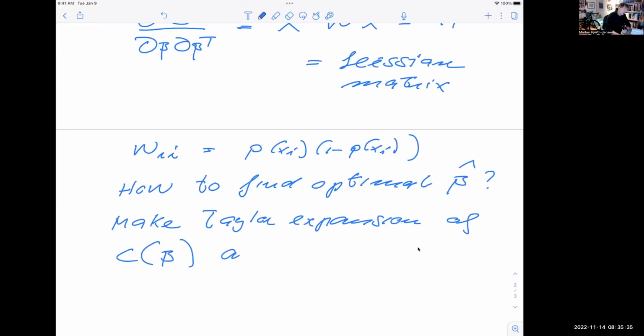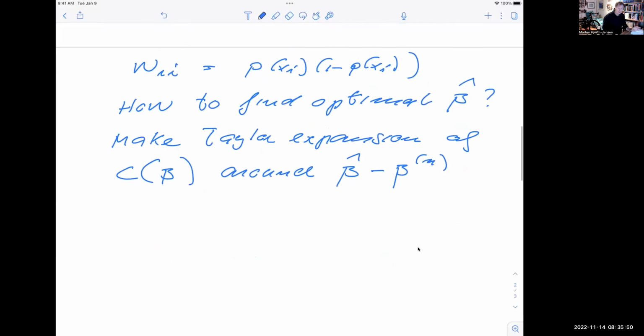So we make a Taylor expansion around beta hat, and we are going to have beta hat minus beta of n, where n indicates a given iteration, because now we are going to solve these equations iteratively. In order to simplify the notation, I'm simply going to replace the beta hat with just a beta, so I don't need to carry too many symbols.